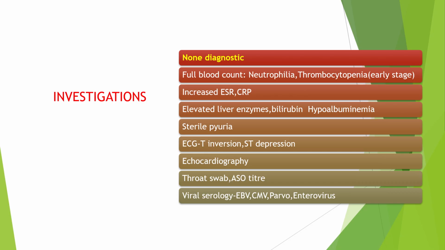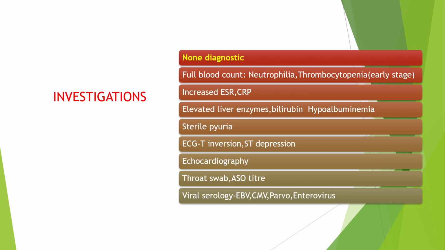Inflammatory markers, ESR and CRP, will be increased. Elevated liver enzymes, bilirubin, and hypoalbuminemia. Sterile pyuria: urine will show a lot of pus cells, but urine culture will be negative. That is sterile pyuria. If you take an ECG, it may show T inversion and ST depression.